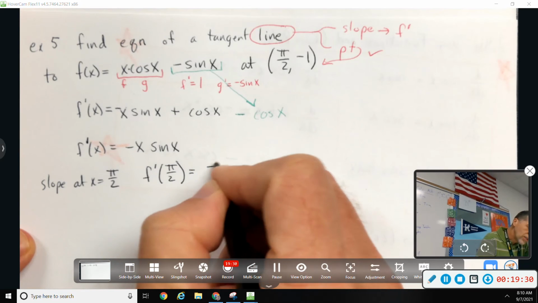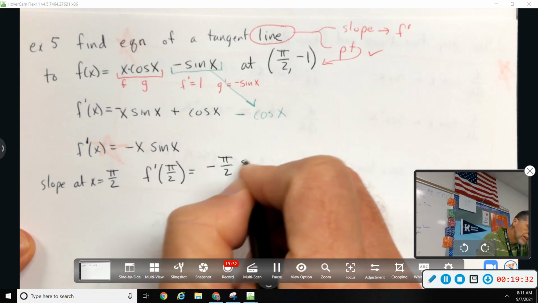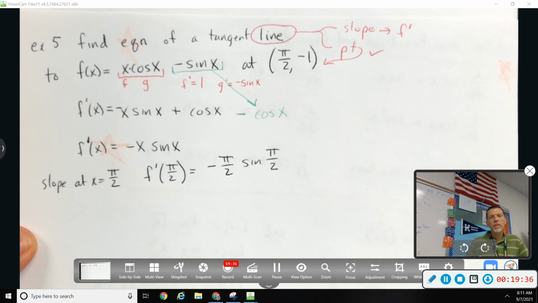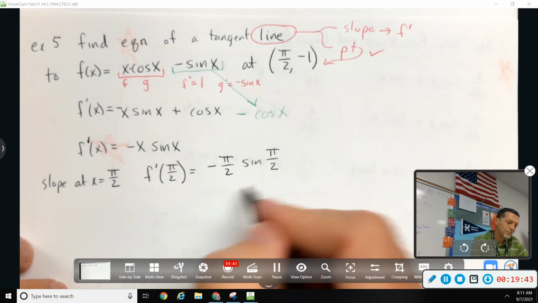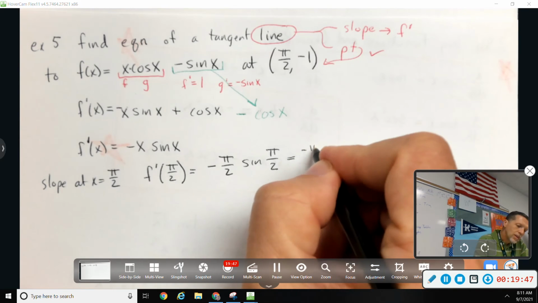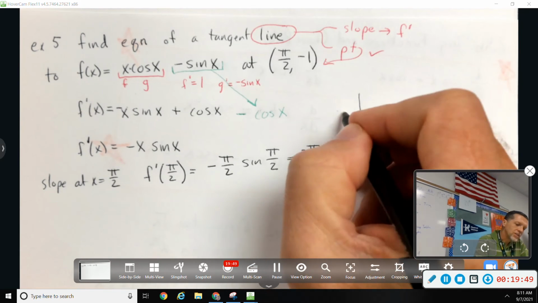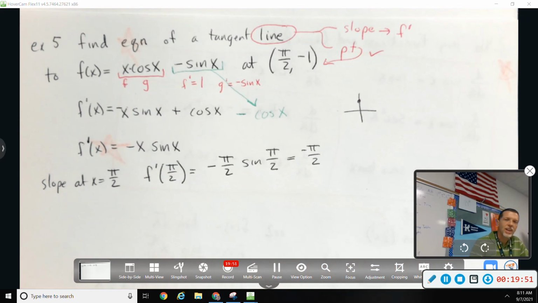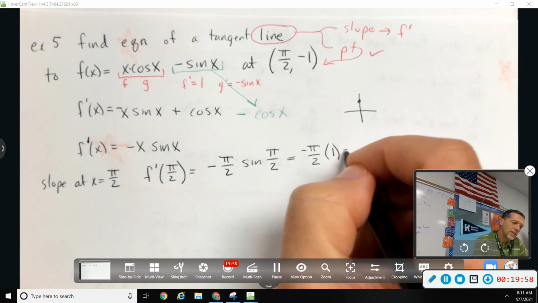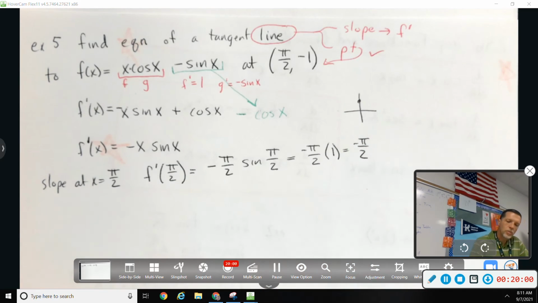So plug in pi over 2. And if we really wanted this to be ugly, we could leave that as the slope, because that's a safe stop. But we know what the sine of pi over 2 is, right? Especially once you draw the picture of it. 1. So my slope is negative pi over 2.